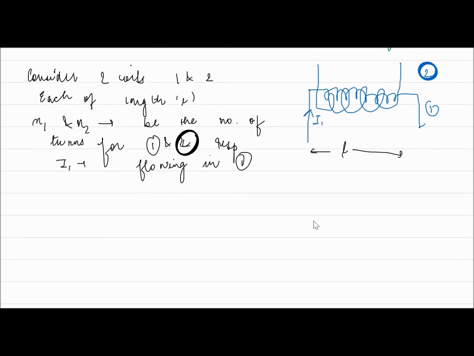So, as we know, B equals mu naught N i. So B1 will be equal to mu naught N1 I1, the magnetic field in coil 1. So we can write phi 2, the flux generated in coil 2, as N2 L B1 A1: the number of turns, length, the magnetic field of coil 1 and the area.